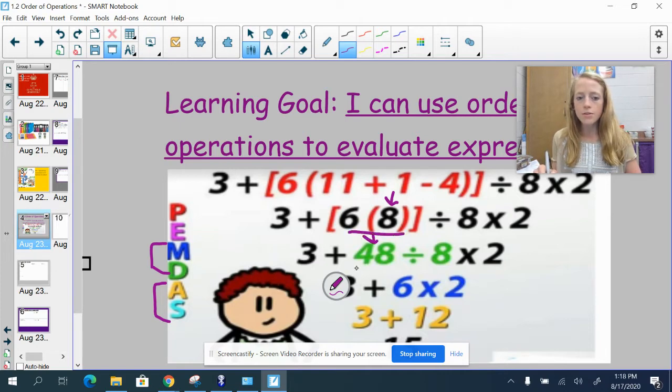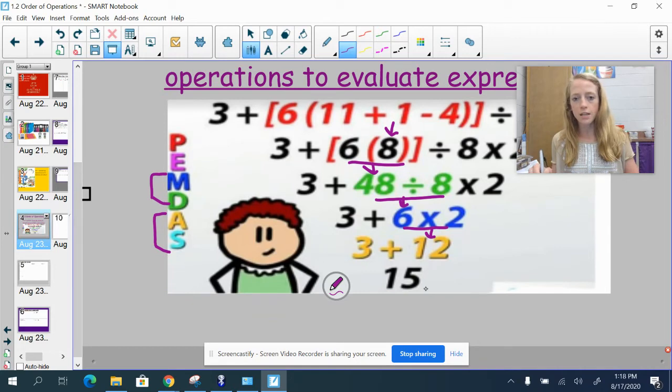Next, there are no exponents, so you would work with multiplication and division. And like I said, you work from left to right. Even though it goes division first and then multiplication, you still do the division first. 48 divided by 8 is 6, and then 6 times 2 is 12, and then last, 3 plus 12, that's the last thing to do, is 15.